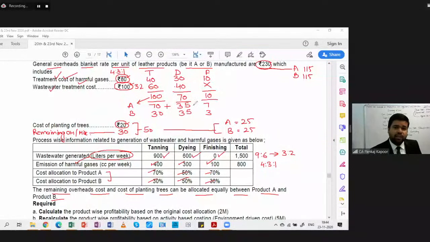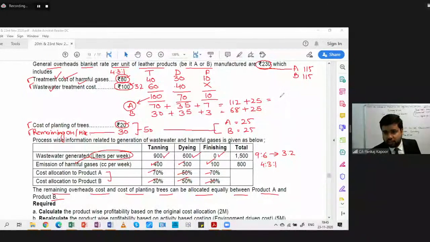Can you tell me, due to these two overhead costs, how much A needs to bear? 70 plus 35 plus 7, it is 112. For B, 30 plus 35 plus 3, it will be 68. Apart from that, there are also two other overheads. Hence, 112 plus 25, and 68 plus 25.